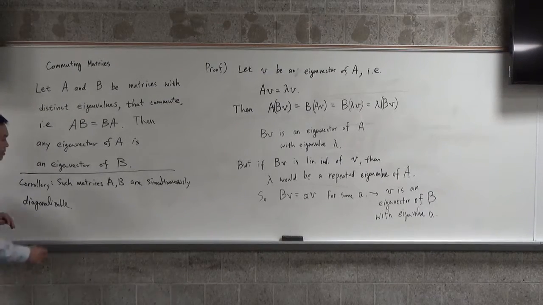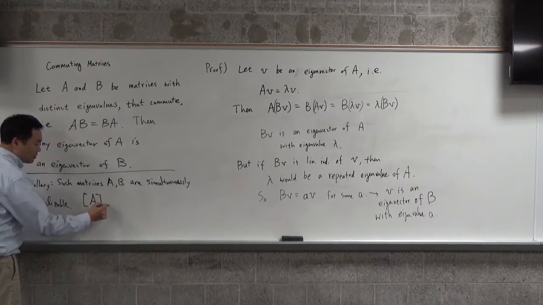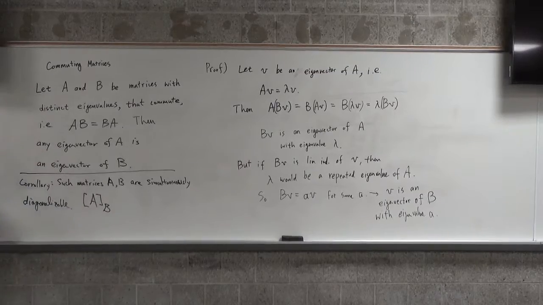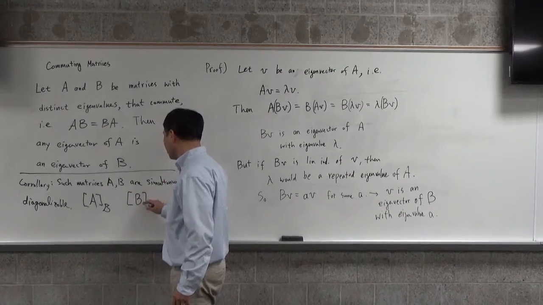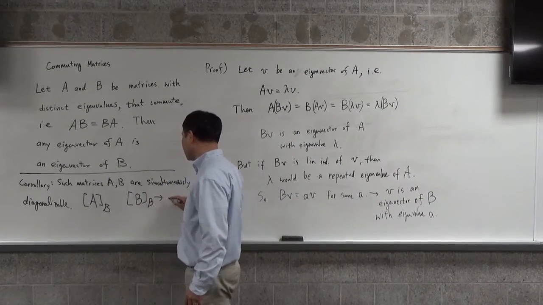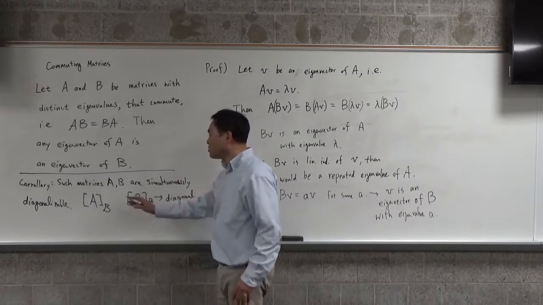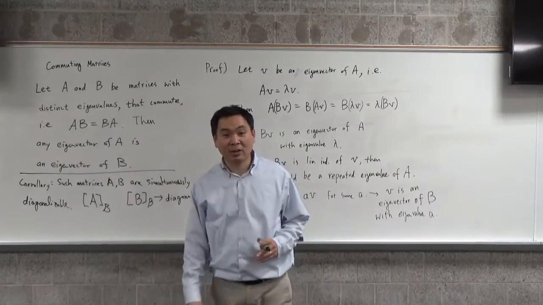That means there exists a basis, script B, where both matrices A and B are diagonal for the same basis B. That's because they share the same eigenvectors.